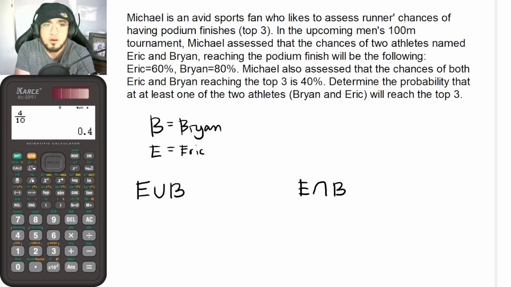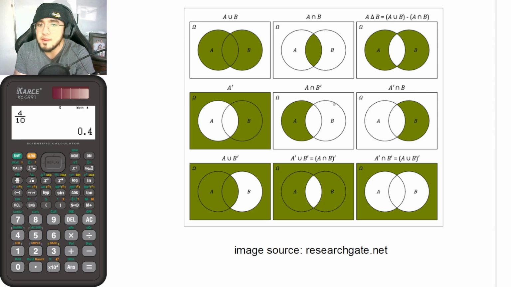Okay, so you can review our Venn diagrams here. Let's suppose that this is E and this is B, Eric or Brian. If Eric makes it to the podium, it covers this area here. If Brian makes it to the podium finish without Eric, it covers this area here.